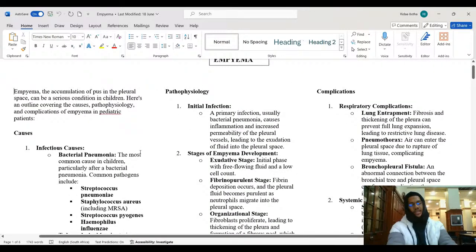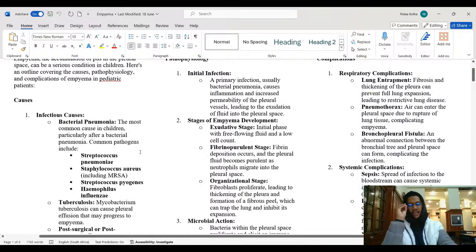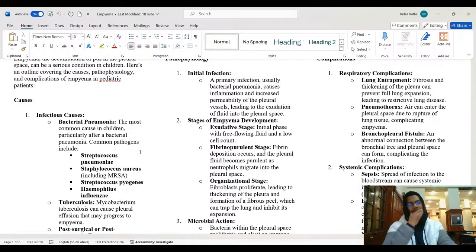Now, the pathophysiology. You have the initial infection, and as I spoke about earlier, there's an increase in the exudate, which goes into the pleural space.